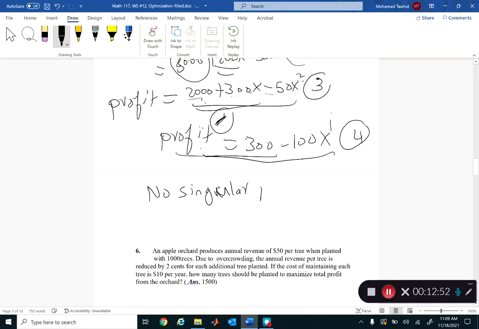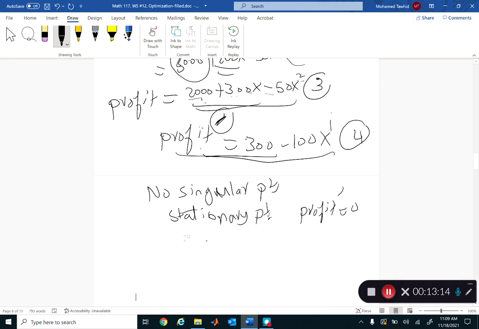So what do you have? Do we have a stationary point? Yes, we have a stationary point. Just equate the derivative to 0. That is the stationary point, right? Then solve for x, guys.